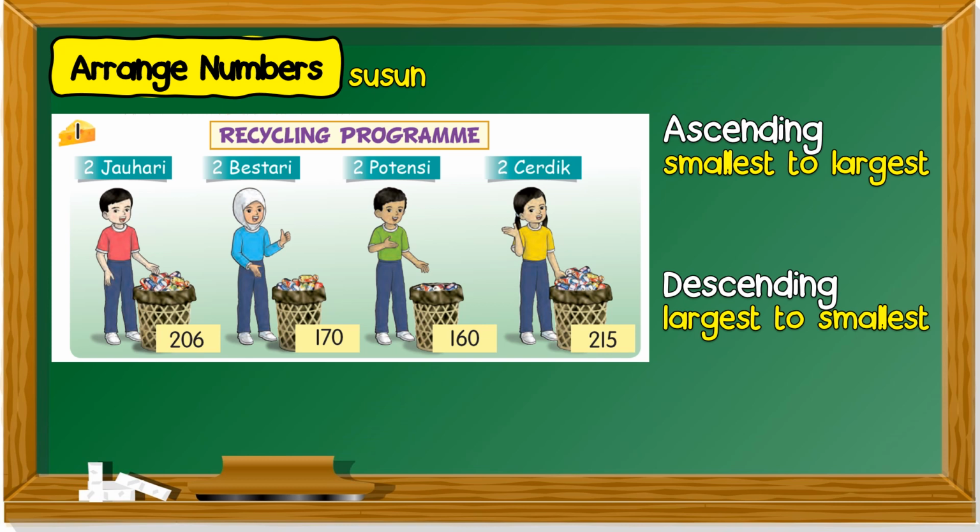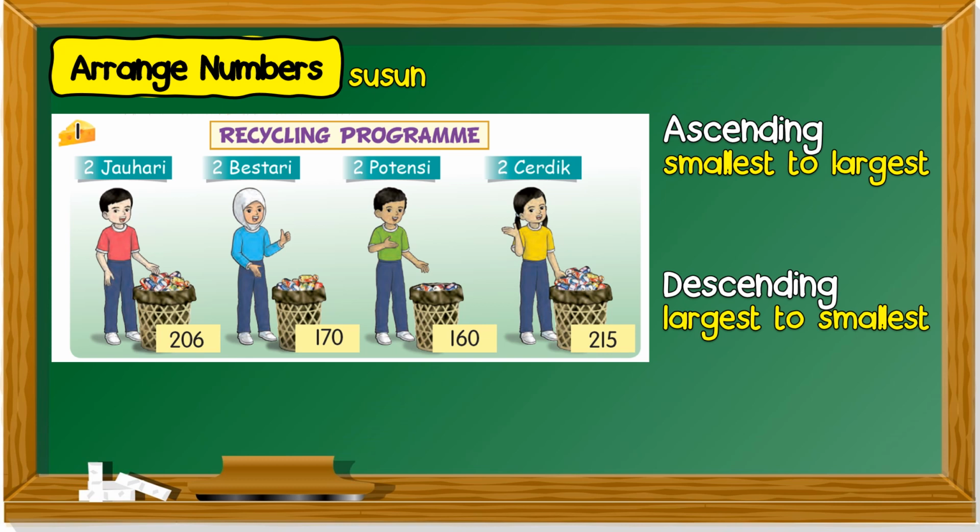Seems like cans. They have collected cans. 2 Jauhari has 206 cans. 2 Bestari has 170 cans. 2 Potensi has 160 cans. And 2 Cerdik has 215 cans.